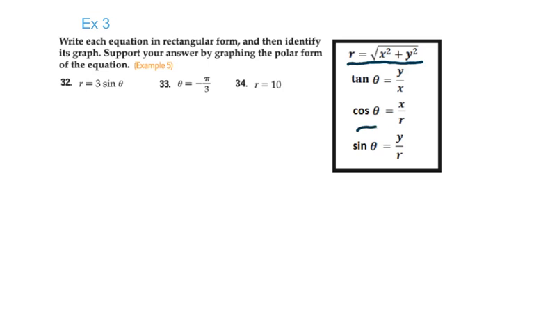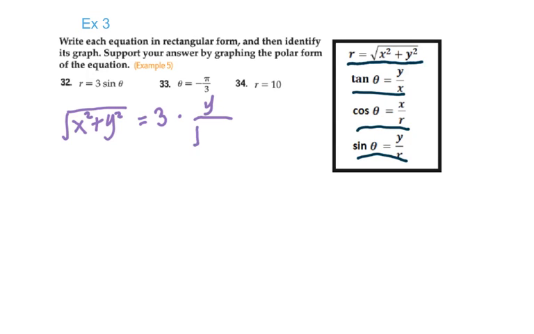And also the formulas for sine theta, cosine theta, and tangent theta. So for 32, r I change into x squared plus y squared equals 3 times sine theta, which equals y over square root x squared plus y squared.